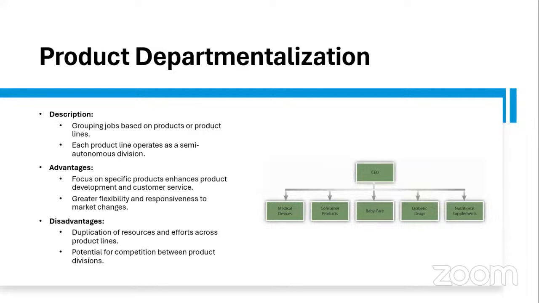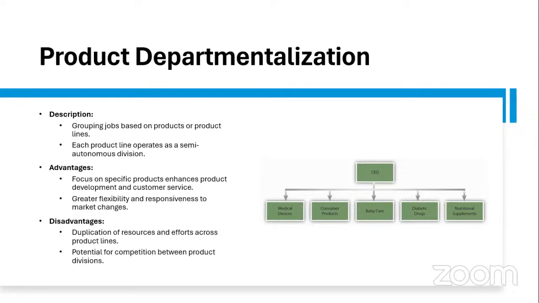Then you have the product departmentalization. Instead of breaking down an organization according to the work they do, we break them down according to the products they produce. You know, the other side, we looked at division. So Joyce said Guinness, they had different divisions, right? They had different divisions. Okay.